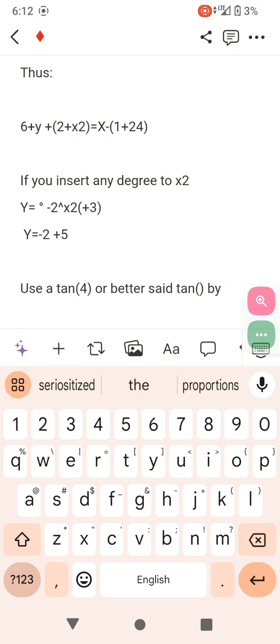Or if you don't want this idea to be doubled in whatever it would result to, tangents by rationalization. Rationalization.